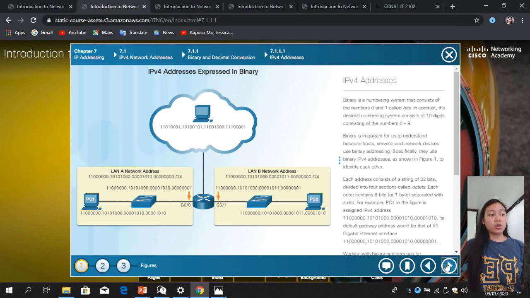Each octet contains 8 bits or 1 byte, separated with a dot. For example, PC1 in the figure is assigned an IPv4 address. Its default gateway address would be that of the R1 gigabit Ethernet interface.